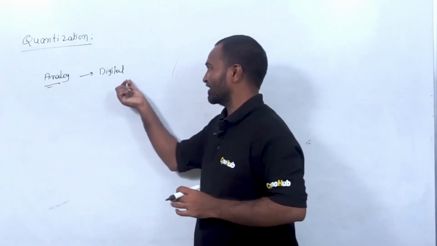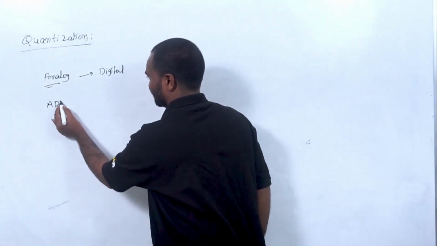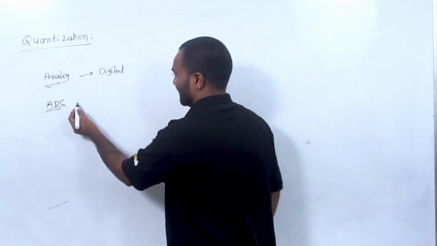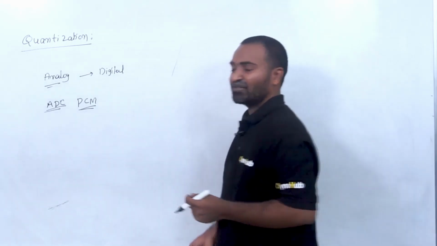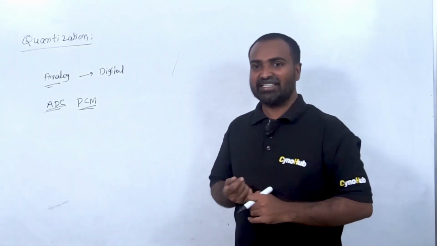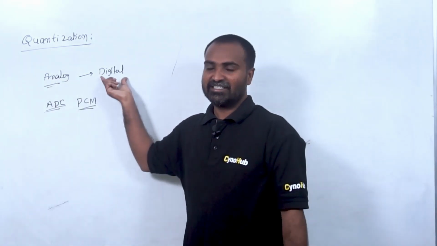For example, if you consider different types of analog to digital converters, the first one is PCM. Pulse code modulation is the basic technique to convert the analog signal into a digital signal.